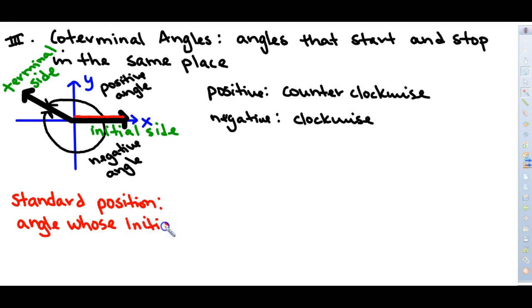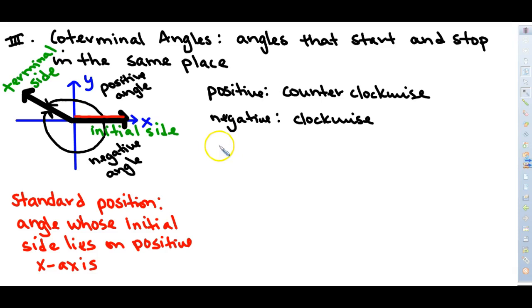That means the angle's initial side lies on the positive x-axis. I just felt like I needed to review all of that before I got into coterminal angles and how to find them.